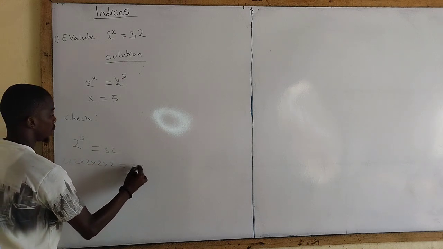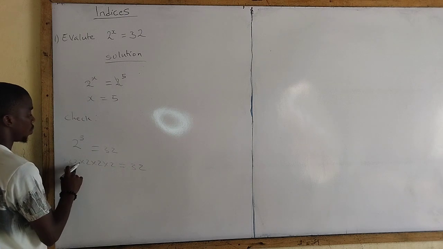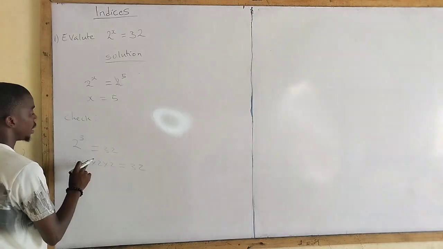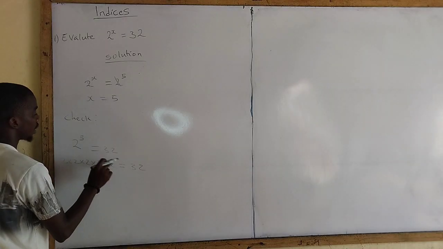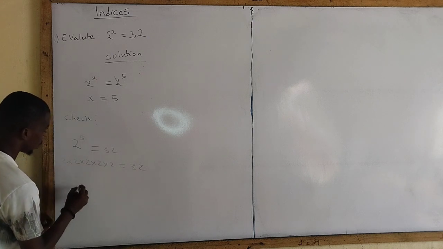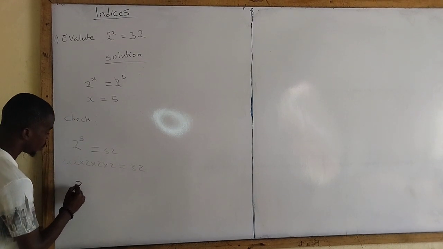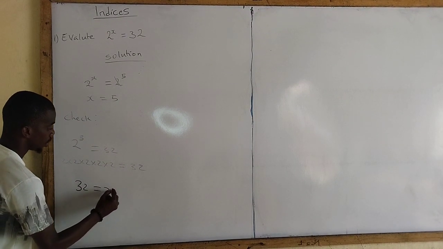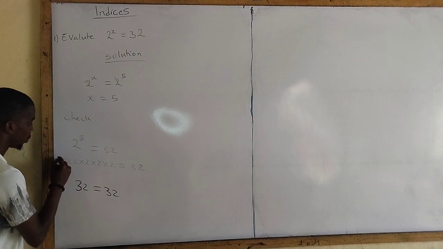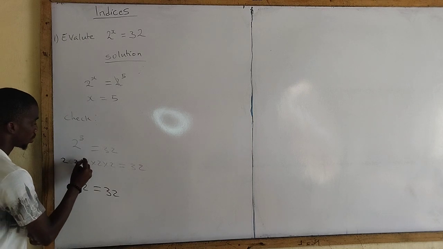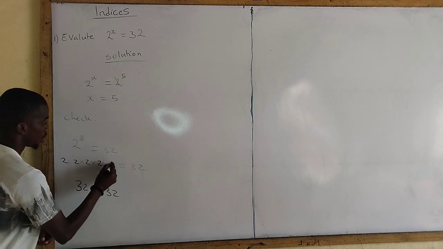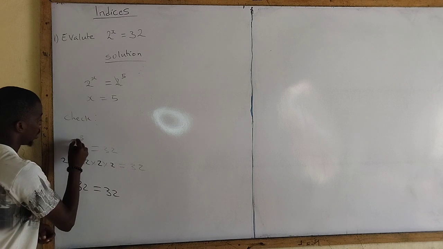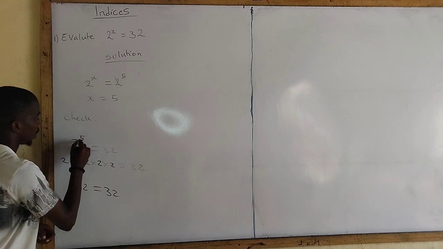So 2 times 2 is 4, 4 times 2 is 8, 8 times 2 is 16, 16 times 2 is 32. So we have 32 is equal to 32.